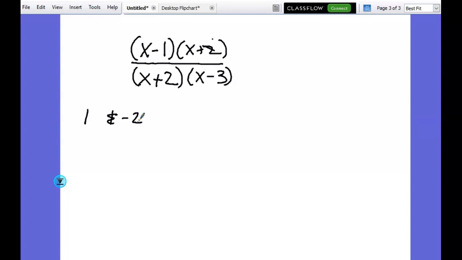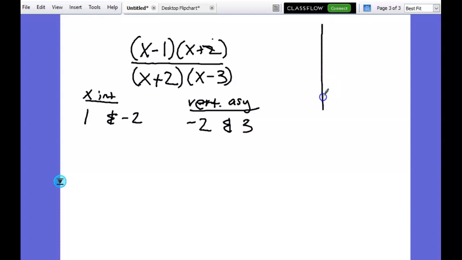What makes the bottom equal 0? -2 and 3. So based on what we've already learned, the x-intercepts would touch the x-axis at these 2 points, and then we would have a vertical asymptote at those 2 points.